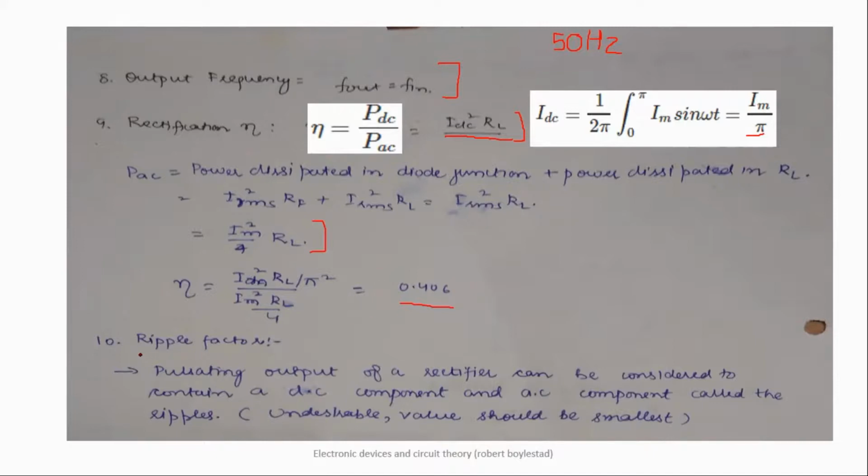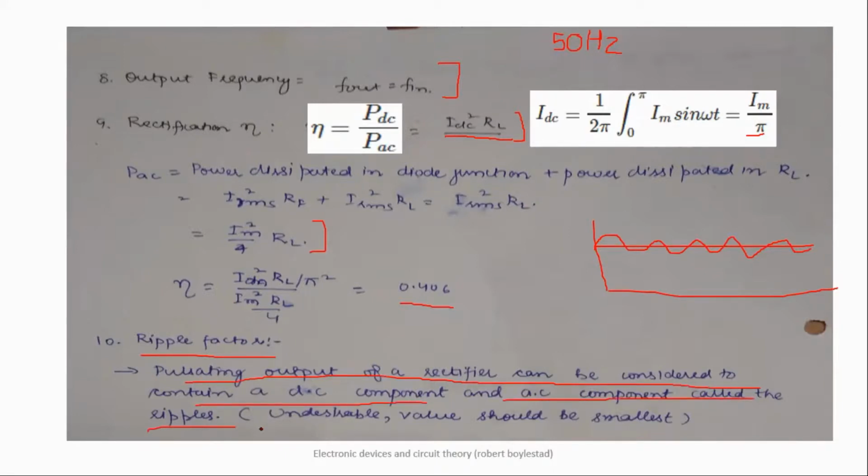Then there is one more important factor, that is ripple factor. Ripple factor means your DC is supposed to be like this, but it is not like that. It is having something like that. So this is called a ripple factor. The pulsating output of a rectifier can be considered to contain a DC component and an AC component called the ripples. The undesired value should be smallest. Under ideal conditions, your DC should be like this, but it consists of some pulsating AC. These are called ripples. Normally we try to make it zero.